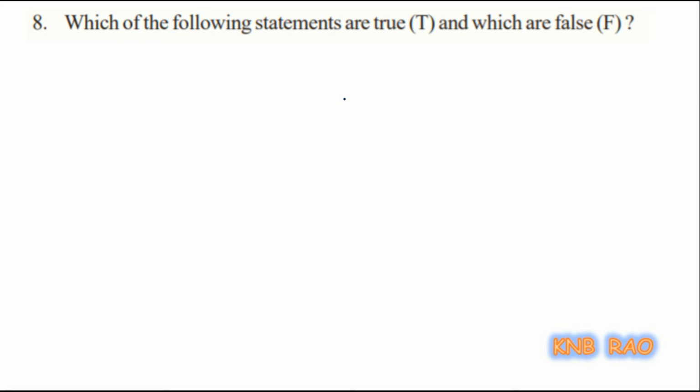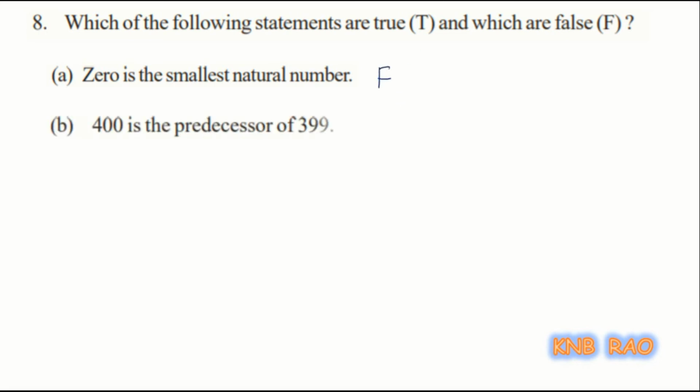Coming to the first one. 0 is the smallest natural number. First of all, is 0 a part of natural numbers? No. When 0 is not a part of the natural numbers, then 0 cannot be the smallest natural number. So it is false.